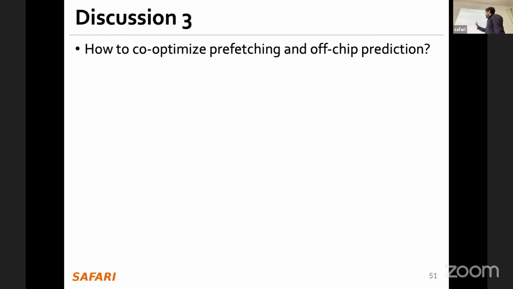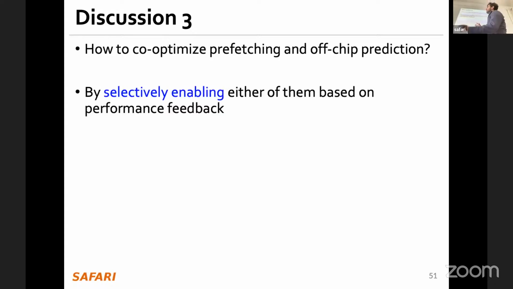Okay, if not, I'm just going to give you a brief solution. It might not be the best solution out there, but for example, you can simply have a heuristic-based adaptive technique. You can have a control mechanism that says, I'm going to either enable off-chip prediction, or enable the prefetching, or enable both of them, or disable both of them, based on some feedback.